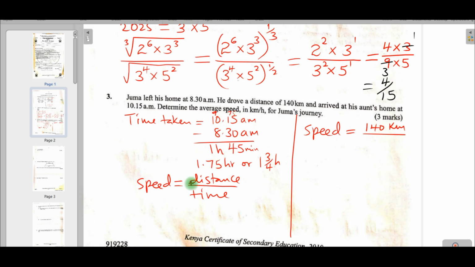We divide by the time taken, which is 1.75 hours. And therefore, if we divide 140 divided by 1.75, we end up getting 80 kilometers per hour.